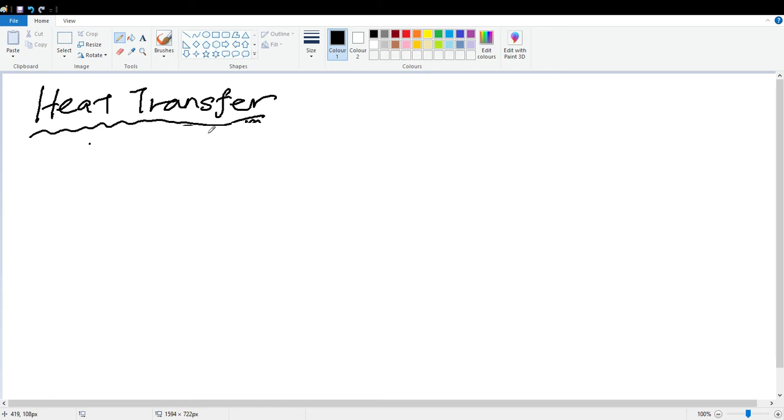This is the last part for the heat transfer through solids or objects, and this is the thermal conduction of non-insulated rods.